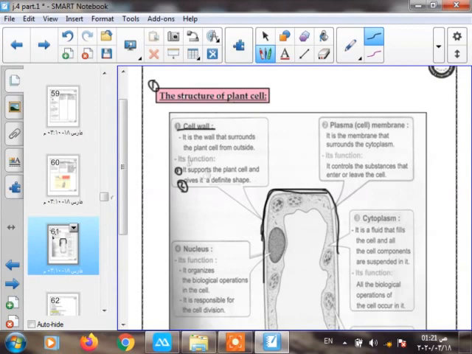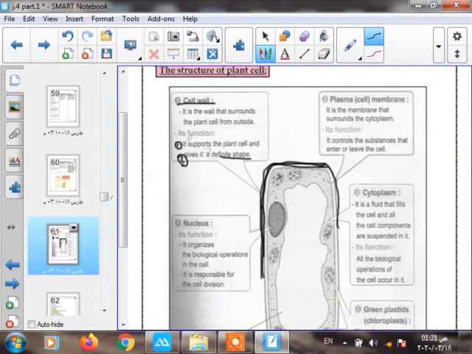It's called the cell wall, the outer surface that surrounds the plant cell.